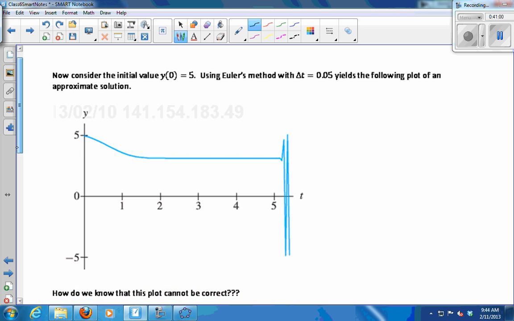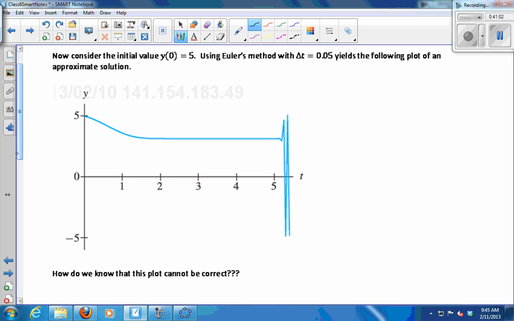So here's my initial value problem, y of 0 equals 5. And I'm using Euler's method with delta t equals 0.05, and I'm plotting out this solution. I'm just going along with Euler's method and I'm getting this nice curve. That kind of makes sense because it should be nice, since e to the t and sine of y are both nice functions. Then all of a sudden, a little bit after 5, it starts going crazy, right?